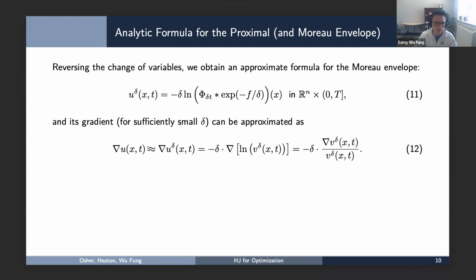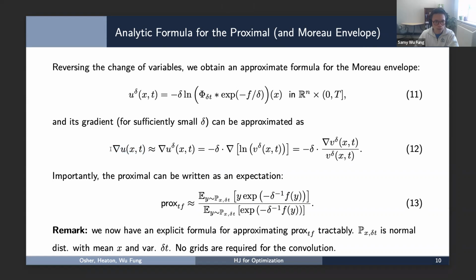So again, if I have the gradient of the Moreau envelope, I have access to the proximal operator because all I have to do now is just some affine transformation. And so now, once I have this approximation of the gradient of the Moreau envelope, I can write my proximal in terms of these convolutions.